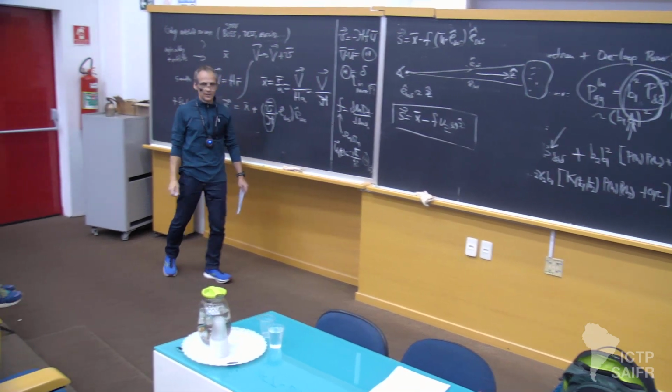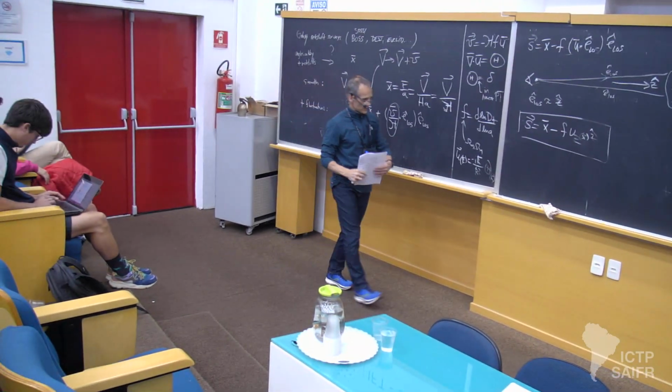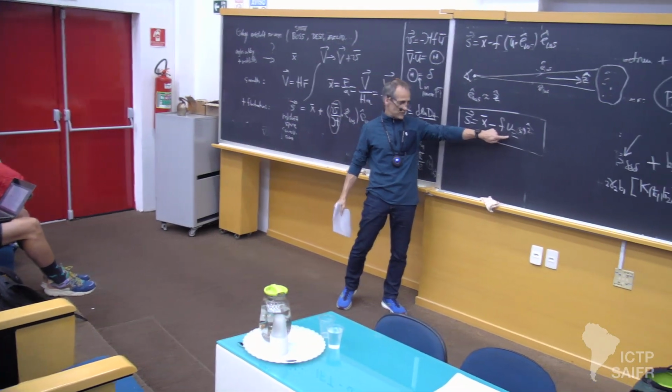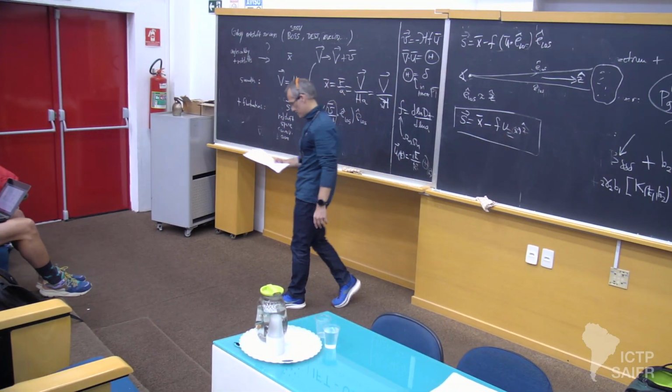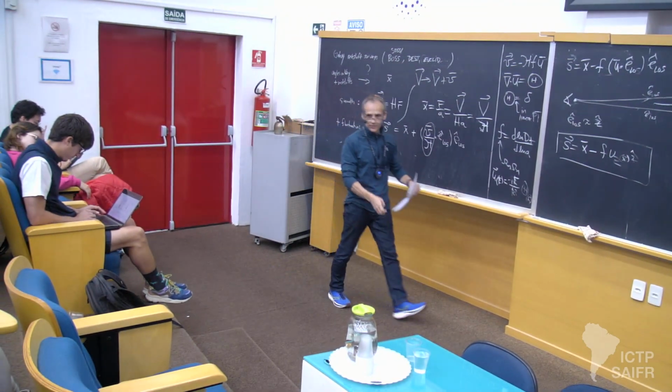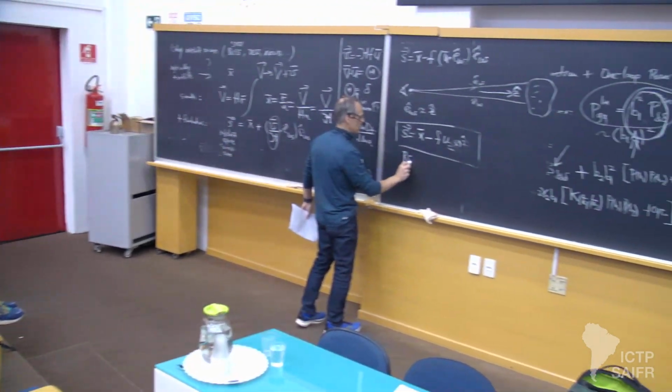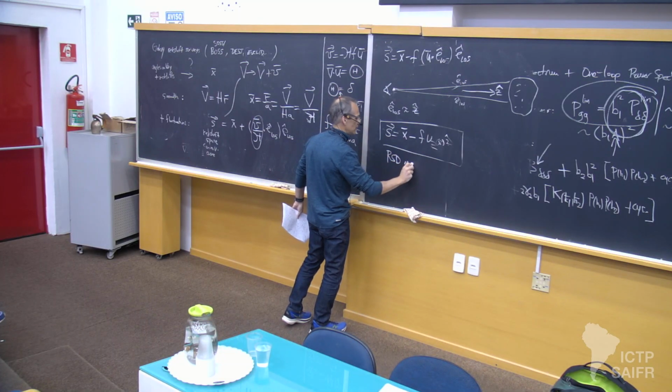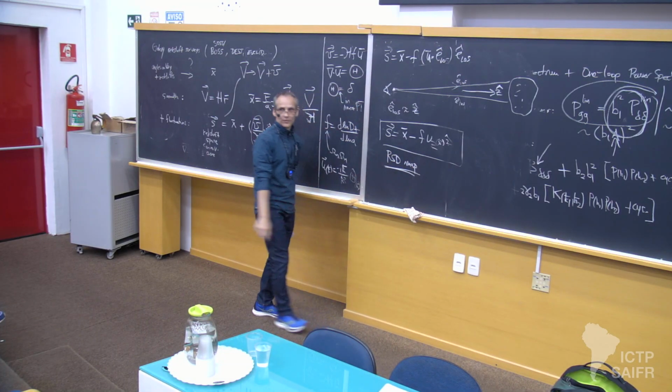It becomes like this, where now we just care about the z direction of this velocity u, okay? So this is what we call the RSD map, redshift space distortion map. Okay, so the map from X to S.